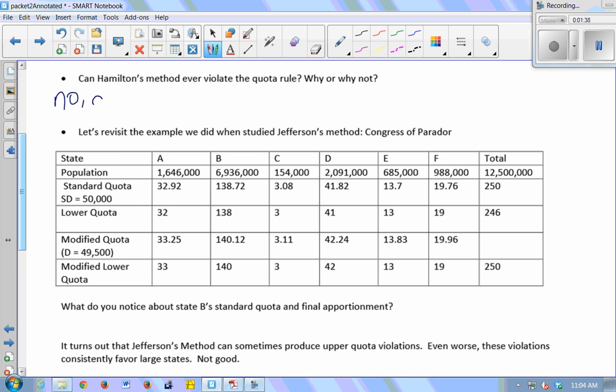No. All states get at least their lower quota, because that's how we start. We get the standard quotas, we round everything down. Some states will get one more than their lower quota, which is their upper quota. If they have a big enough decimal piece, they might get one more.